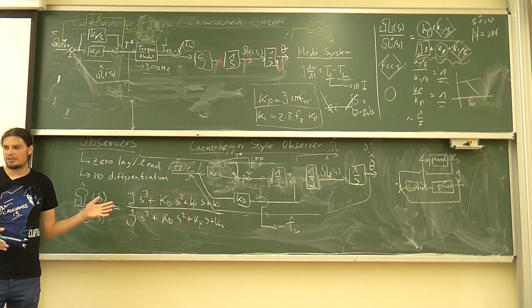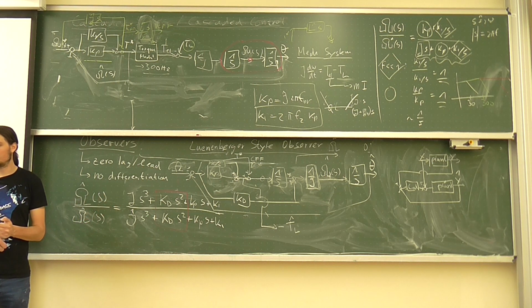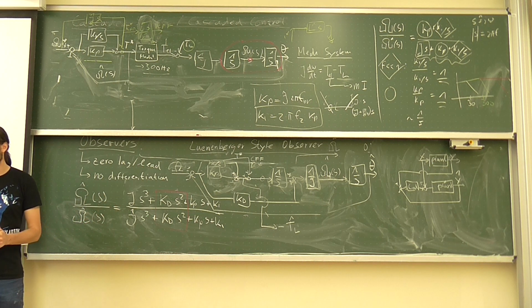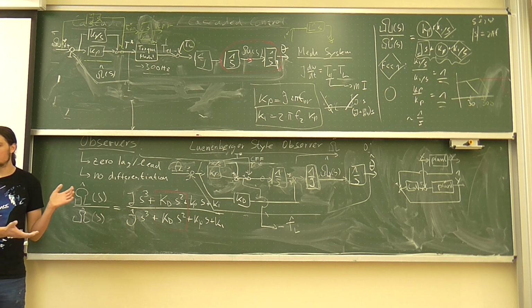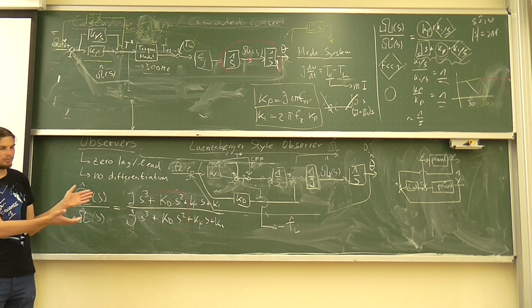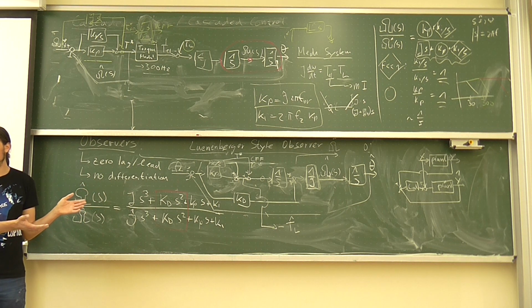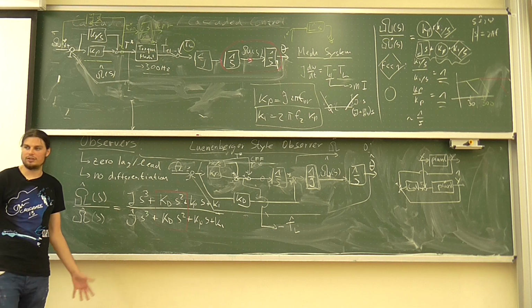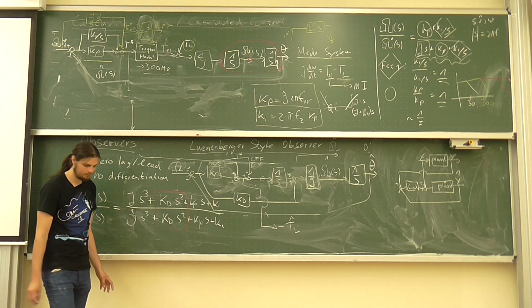But that's what the Luenberger style observer is. You know how to model a plant, you know how to control a plant. So just using the structure makes a lot of sense, and you should be able to do this anyway. And you are already doing it. Okay?